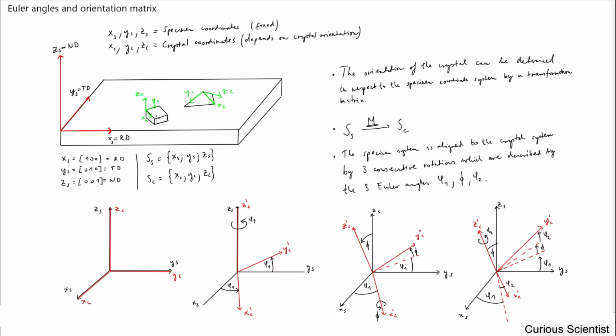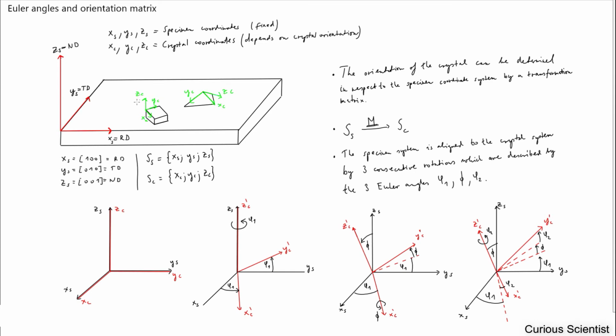So basically you can control it somewhat with the process, rolling, annealing and things like that. And each of these individual grains have their own specific coordinate system. And I use a small c here as crystal, so xc, yc and zc.